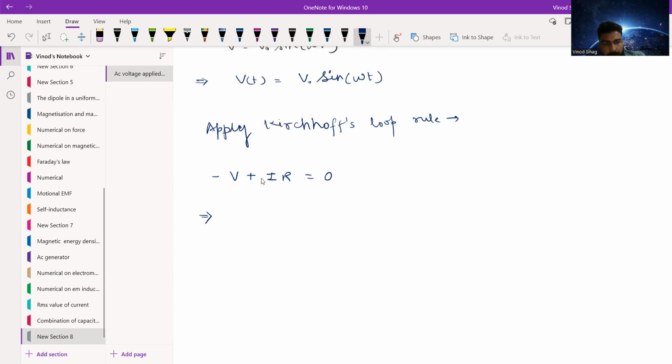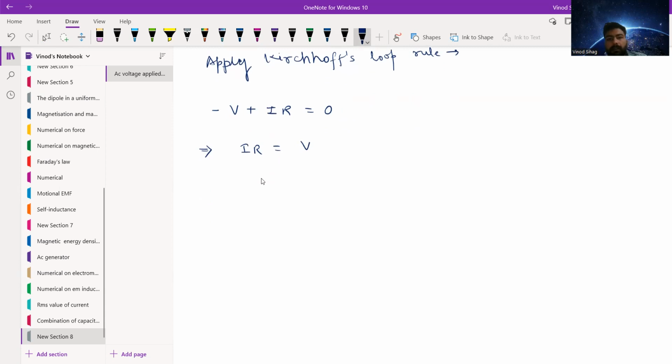This will be the equation. Finally, we will get IR equals V.